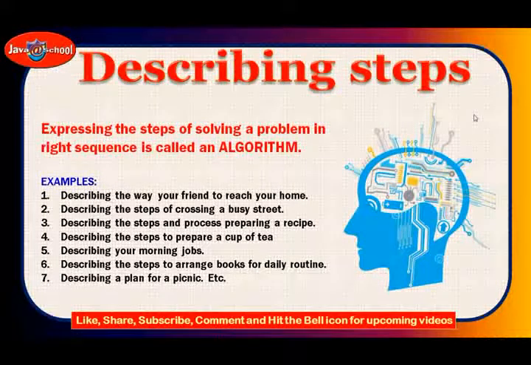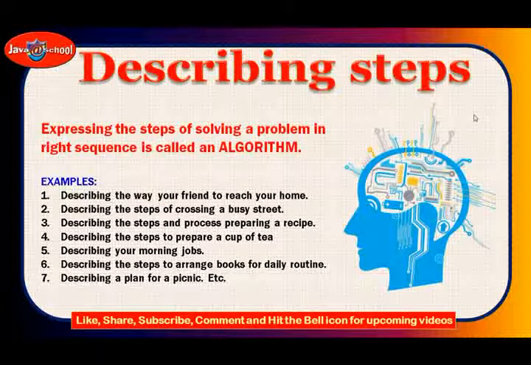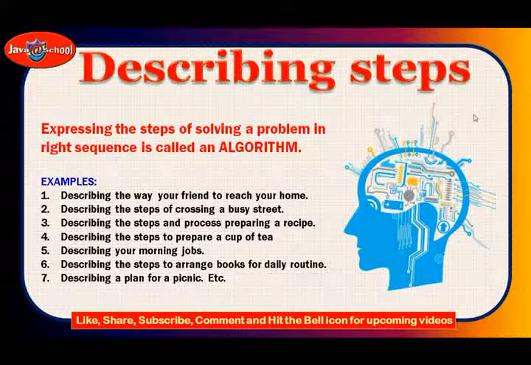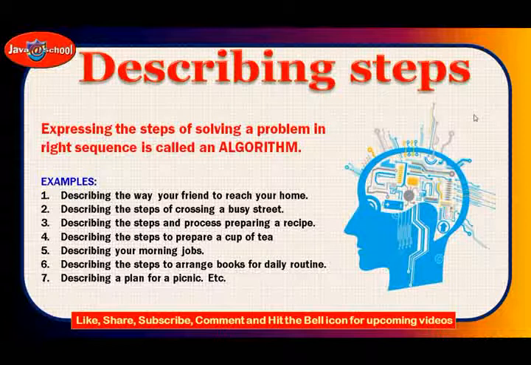that is called an algorithm. So an algorithm is nothing but the way of expressing the steps we think for solving a problem, right from the moment inputs are received in our brain up till we complete the task.